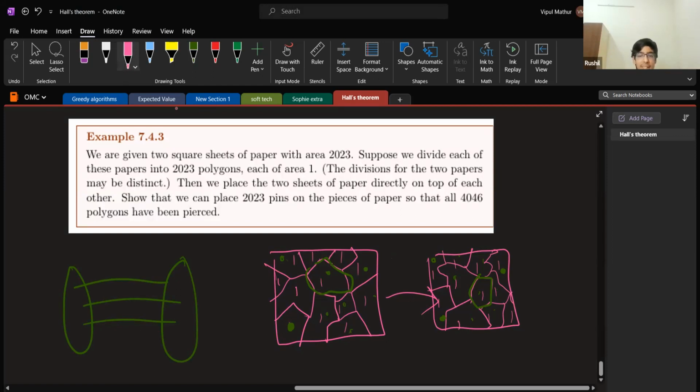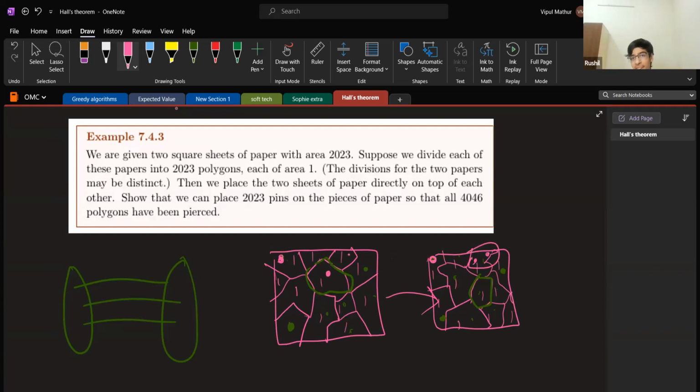The point of the problem is that when you place something at the top left here, it's automatically also at the top left here. You can't put points separately on the two things. You place a pin over here, and that goes inside here, and then you try to place a pin here, and that also goes over here.